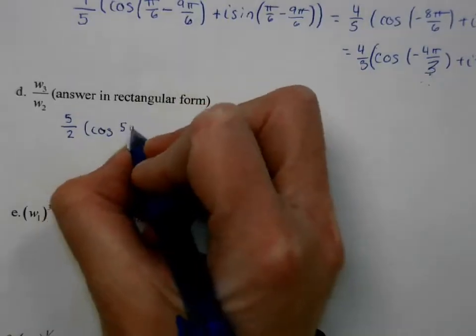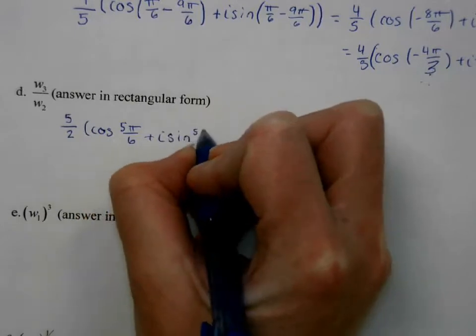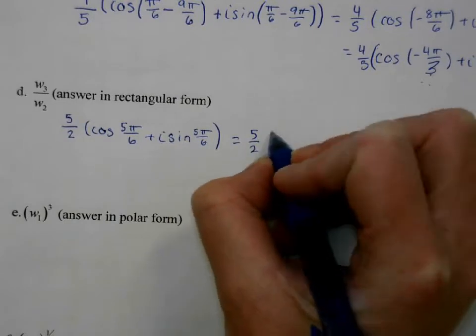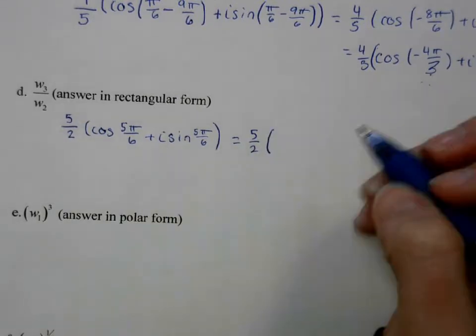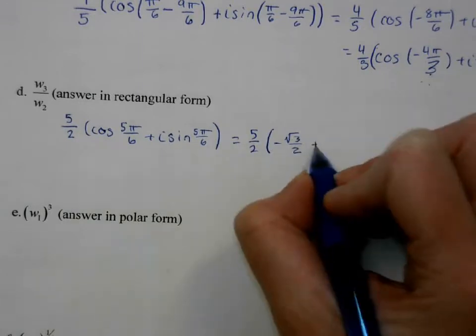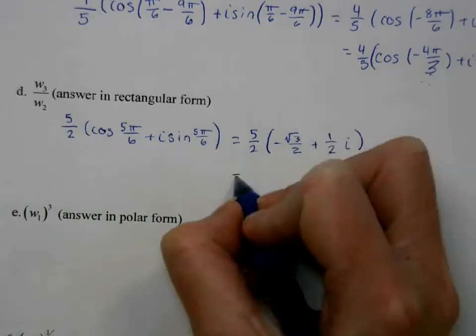From our unit circle, cosine of 5 pi over 6 is negative root 3 over 2. Sine is positive 1/2. So if I distribute, we're going to have negative 5 root 3 over 4 plus 5/4 I.